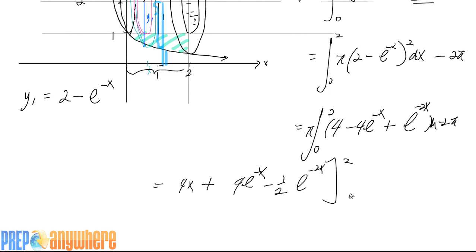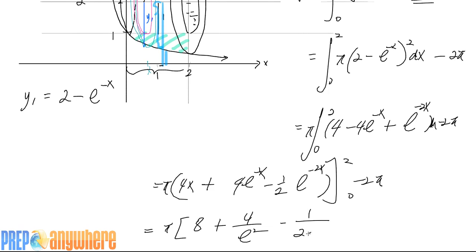Now we plug in 2 and 0 and multiply all by pi. Plugging in 2, you get 8 plus 4 over e squared minus 1 over 2 times e to the power of 4. Plugging in 0, you get 0 plus 4 minus half, since plugging 0 into the exponent just gives 1.